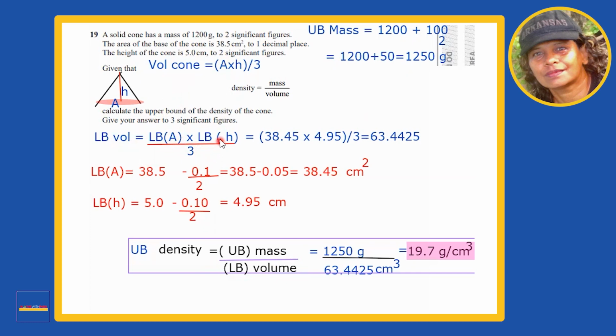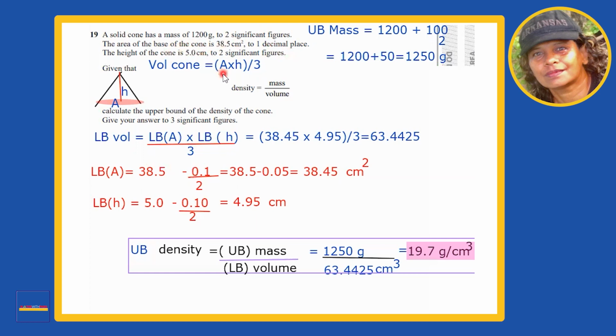Now we have to go individually and find out what is the lower bound of the area and what is the lower bound of the height. Now, we have been given that the area of the base of the cone is 38.5 to 1 decimal place. When they say to 1 decimal place, that means we're going to take 0.1 and divide by 2.